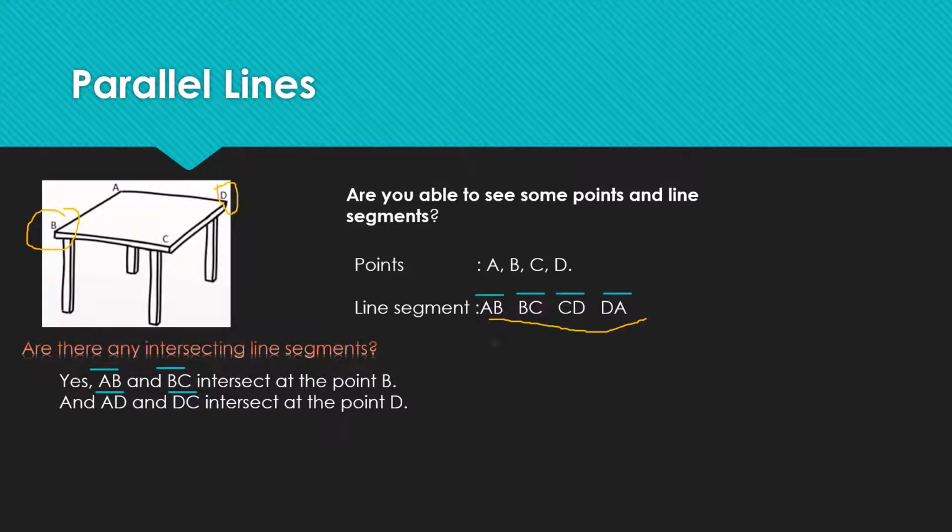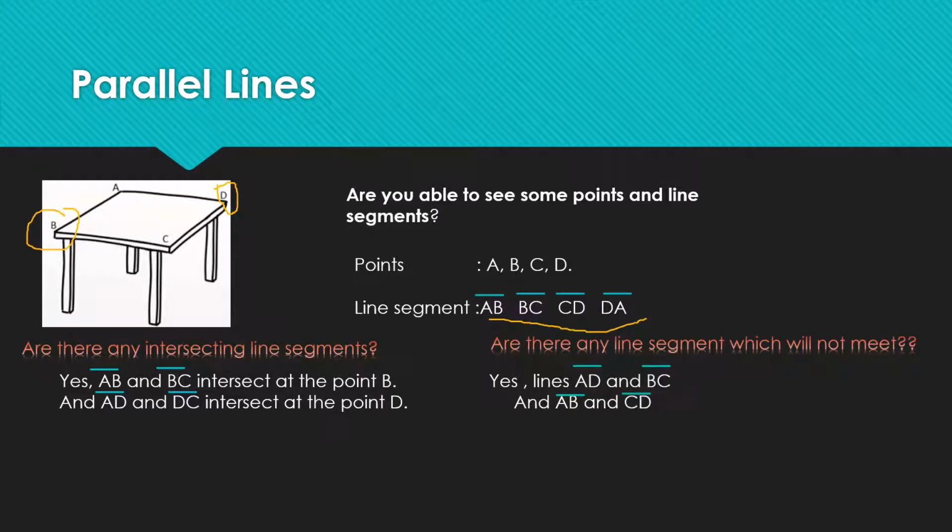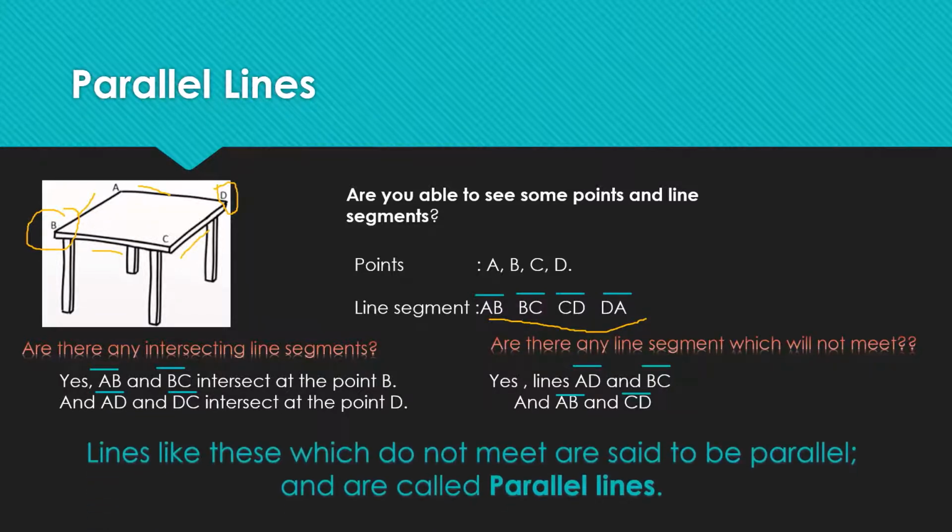Now, see carefully. Are there any line segments which will not meet? Yes, lines AD and BC, like this line and this line, and AB and CD. They are not meeting and they will not meet.